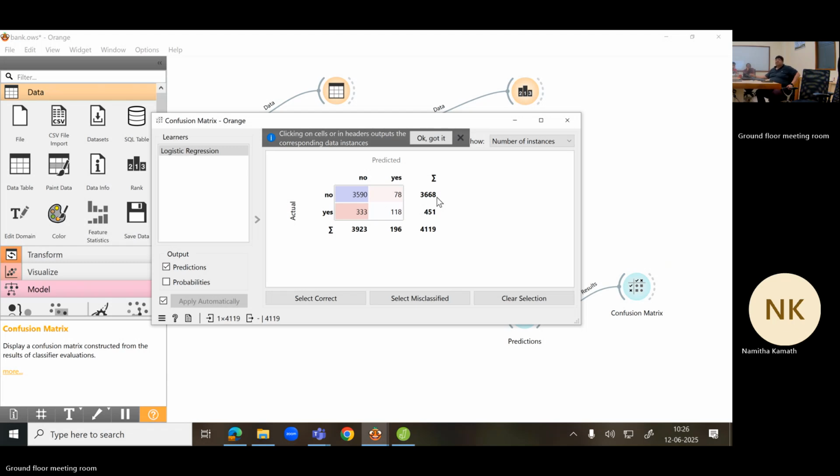So strictly speaking, it is easy to predict those who are not going for a term deposit, because those who have opted for term deposits are a minority.